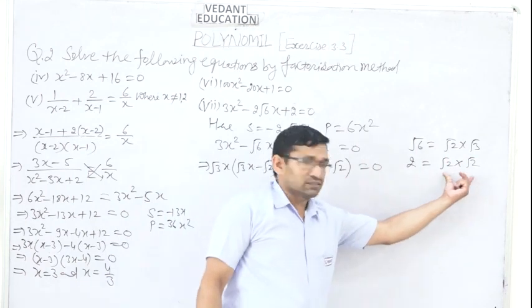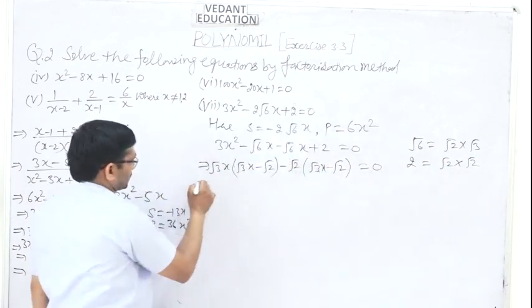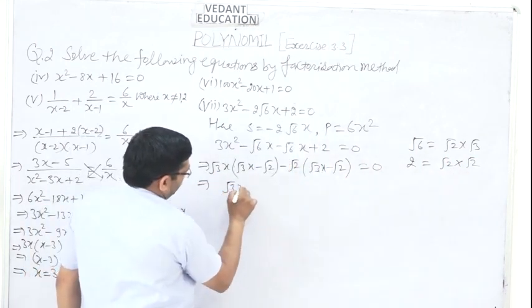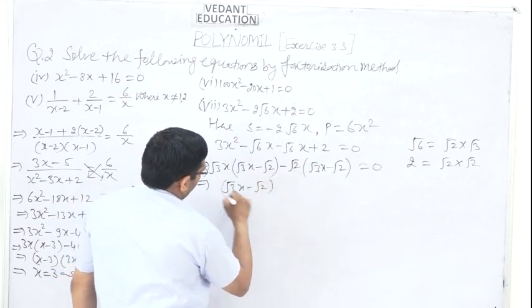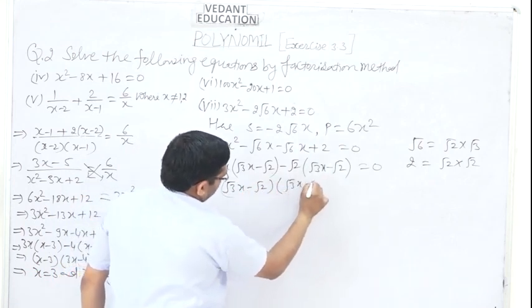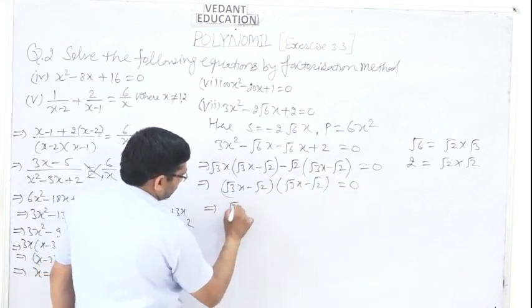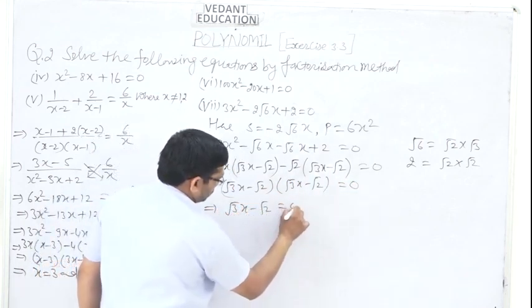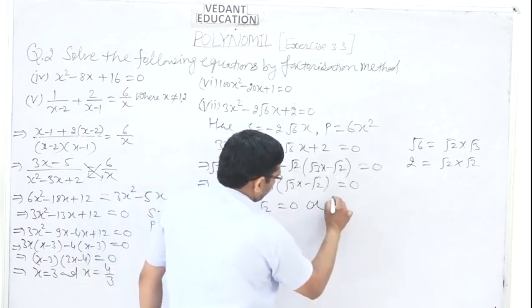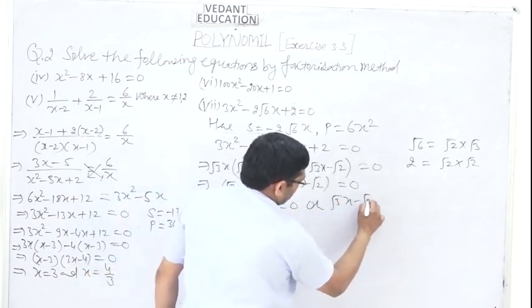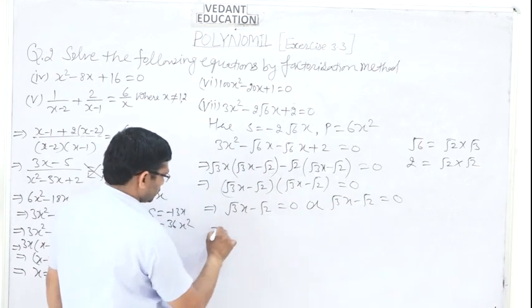root 2 multiply root 2. We can break 2 into root 2 multiply root 2. That is again, what is common? Root 3x minus root 2 common, remain root 3x minus root 2 is equal to 0. Or root 3x minus root 2 is equal to 0.